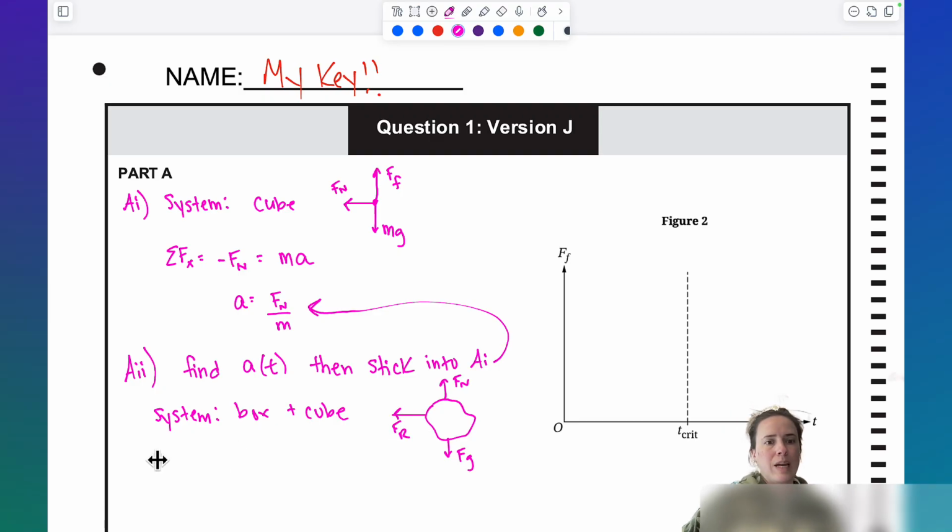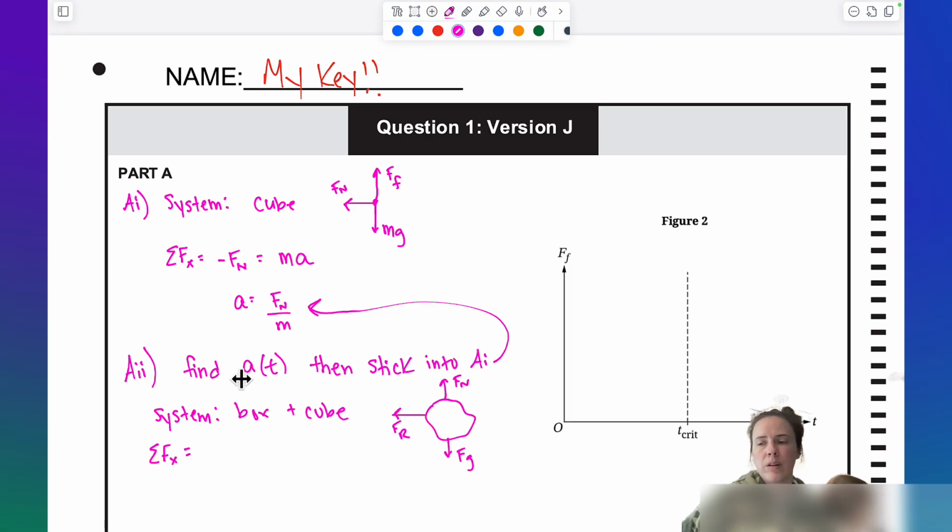Okay, so in the x direction, we don't care about the weight of the system or the normal force against the floor. We only care about the horizontal forces because that's what our acceleration is happening because of.